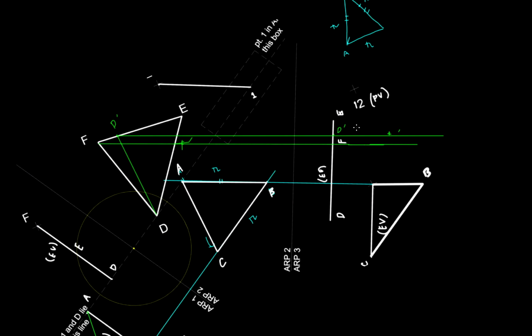And DD prime should be, no, sorry. Kailangan natin to si DD prime. Itong si DD prime should be parallel to AC. AC is this one, no? So pwede na pala. Wait, sorry.